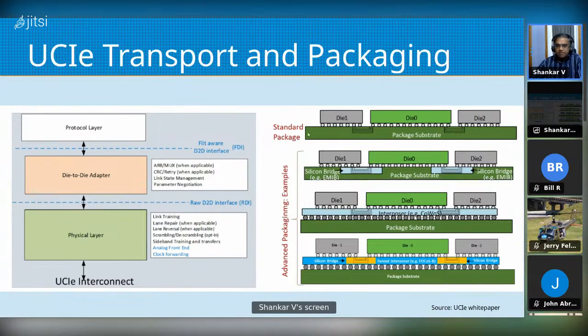What is called standard package is what is now typically being used, and this green thing at the bottom is a substrate layer. It's usually some kind of PCB-like material, if you will, and you place the dies on top.